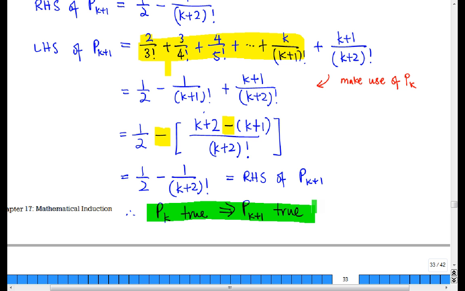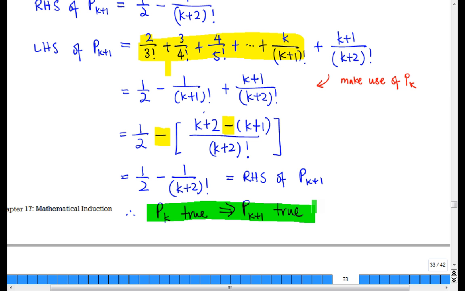I am only making use of an assumption Pk true to show Pk plus 1 true. So please don't write Pk plus 1 true only. Have to write in everything. This implies this. Don't write this only. This is the thing that I say, and your seniors have lost precious marks just because they don't write everything. Follow? Okay?